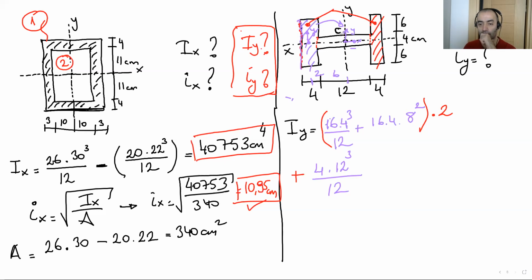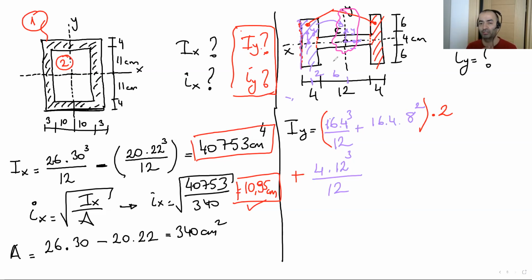Y-axis. Now, should I transfer this local moment of inertia to the global one? We need to check. When we check this part, as you can see, my local y-axis and the global y coincide with each other. That's why there is no distance between these two axes.